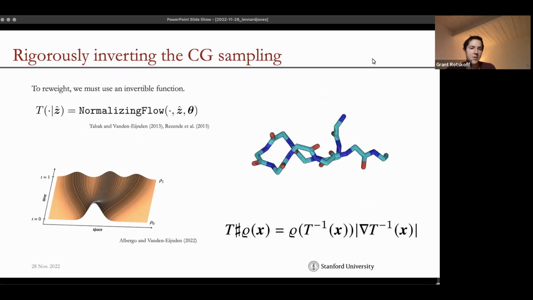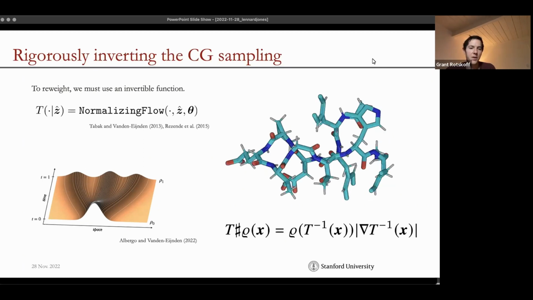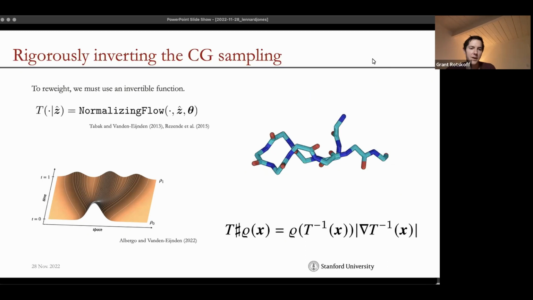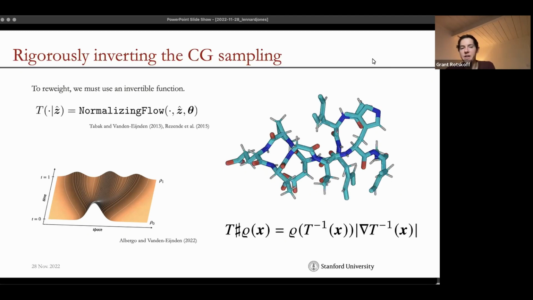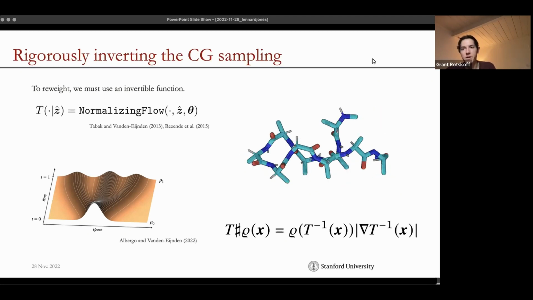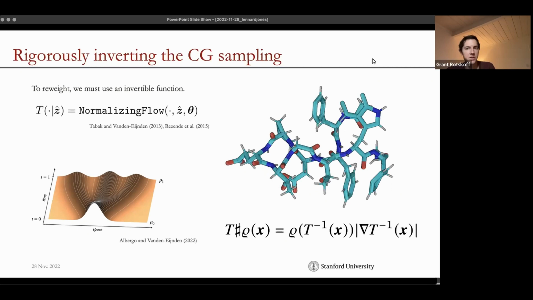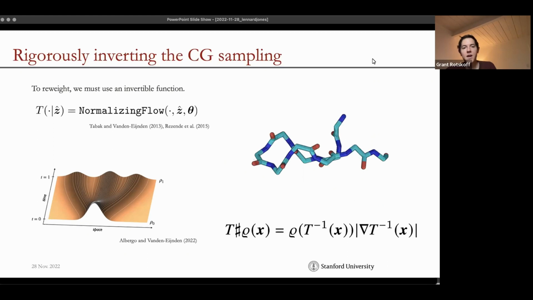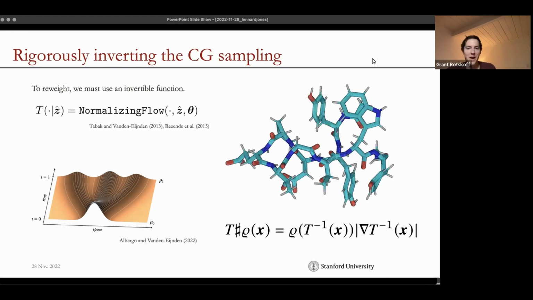I like this representation of a normalizing flow in 1D from a recent paper by Michael Albergo and Eric Vanden-Eijnden, which shows you that it really is like a velocity field that needs to be learned. These have to be diffeomorphisms in order to be invertible. And so they were asking these maps to do quite a bit, but under tight constraints. The less sampling you can put into them, the better. By relying on the coarse-grained sampling, we are able to take advantage of the lack of flexibility in these maps in some sense.